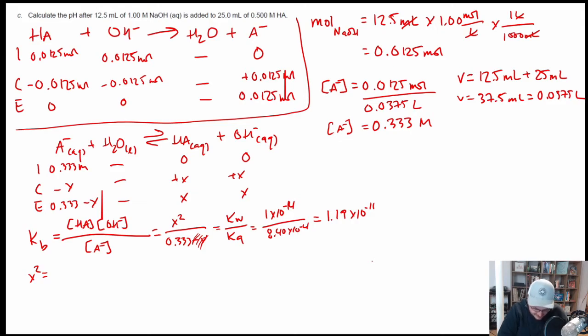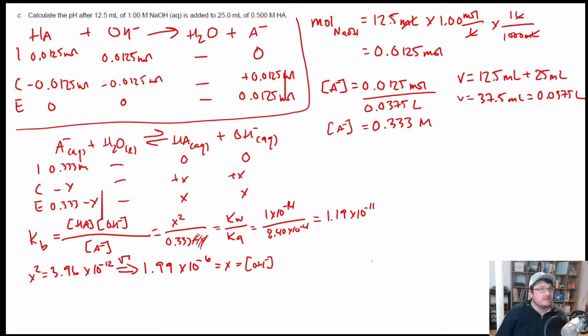X squared is equal to 1.19 times 10 to the negative 11 times 0.333, which is 3.96 times 10 to the negative 12. If we take the square root of that, we get 1.99 times 10 to the negative 6. That's equal to X, which is equal to the concentration of OH minus.